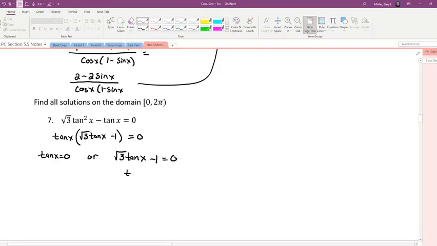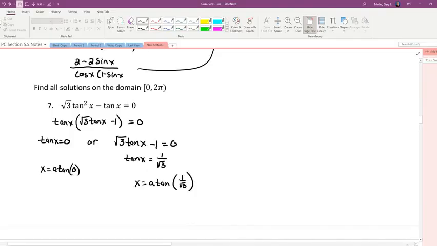And this over here would be tangent of x equals add 1, divide by root 3. So x equals arctan of 0. And x equals arctan of 1 over the square root of 3. I could rationalize it, but I don't need to because that's not my answer.